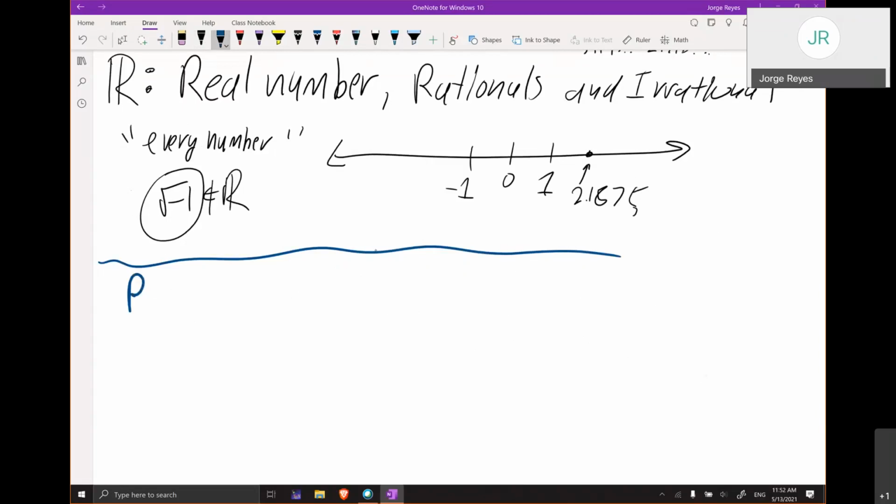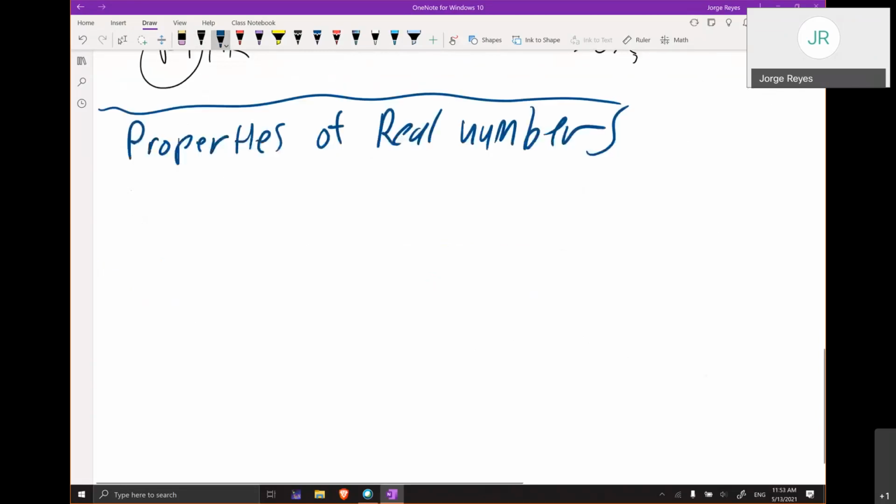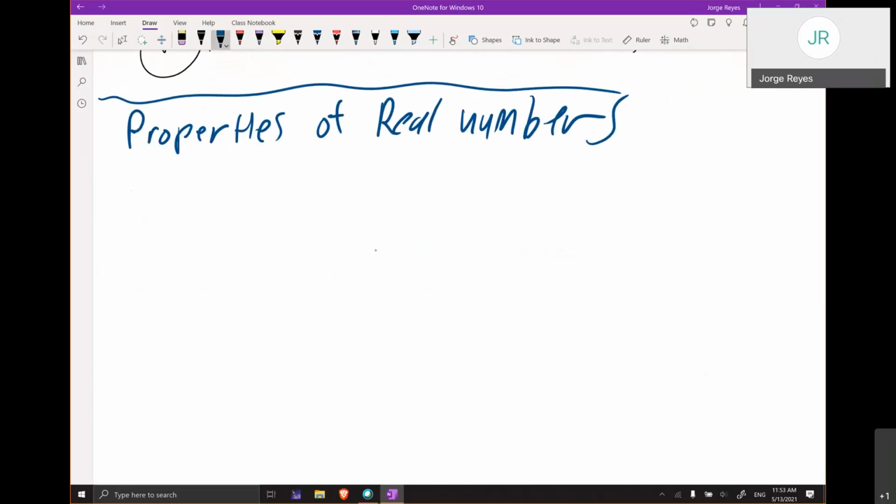Because we have the numbers, what can we do with them? So, properties of real numbers. We have the two commutative properties, or commutativity. One with a plus and one with a times.